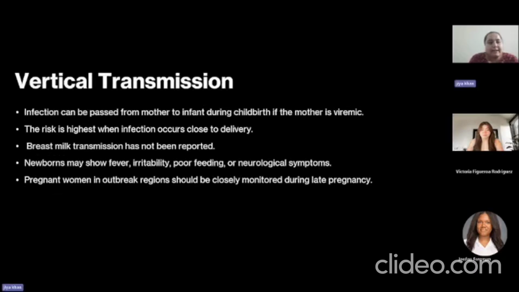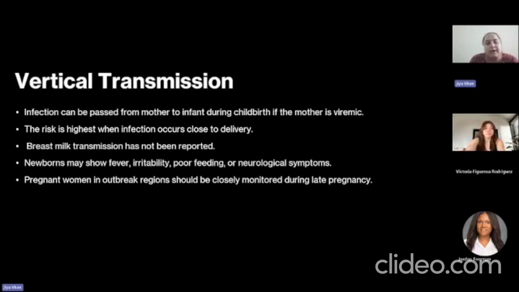The next slide is vertical transmission. In some cases, chikungunya virus can be passed from a pregnant mother to her baby during childbirth. The risk is highest if the mother is infected near the time of birth or delivery.